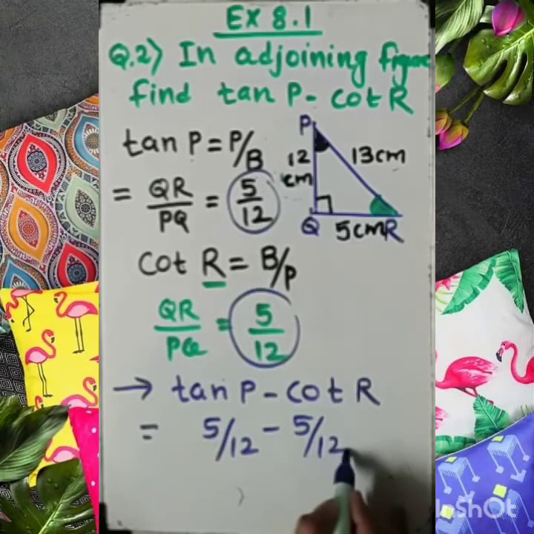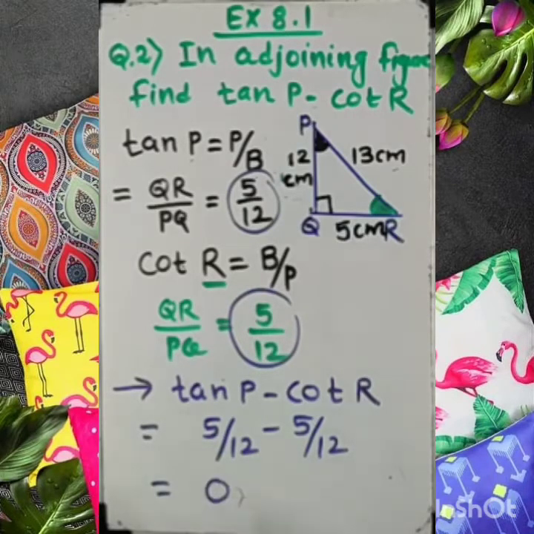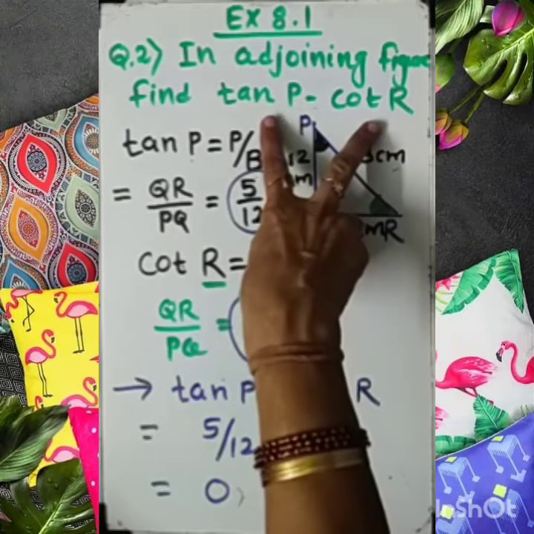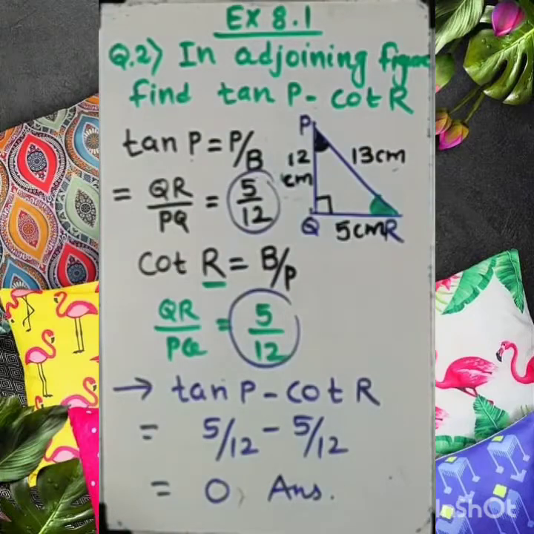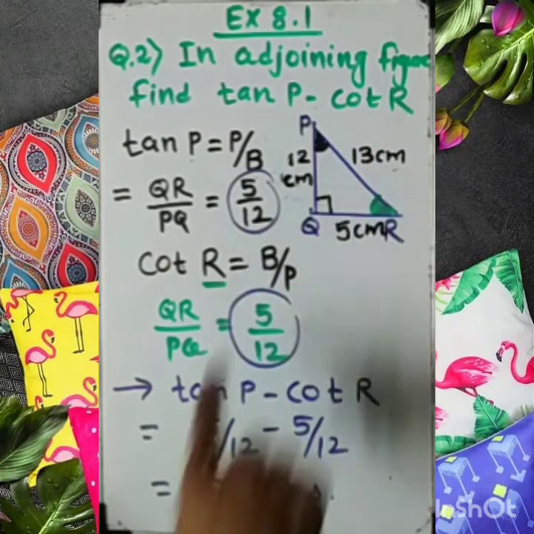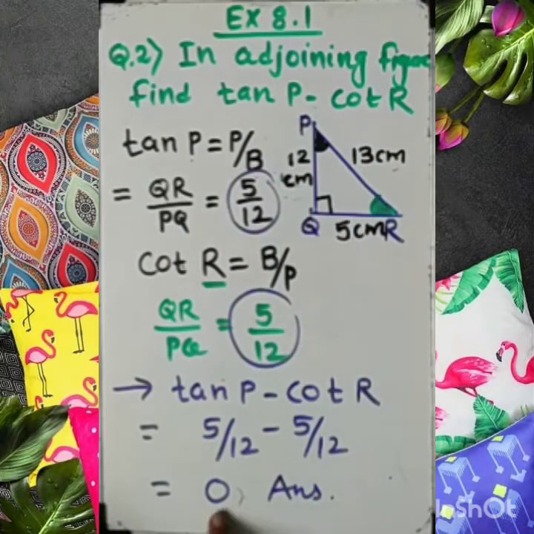So if it is cancelled, then there will be 0. So my dear student, for this question number 2, after finding the third side, we need to substitute the value in the required trigonometric ratio according to their angle. Keep it in mind. The solution we are getting is 0. This is the complete solution of question number 2.